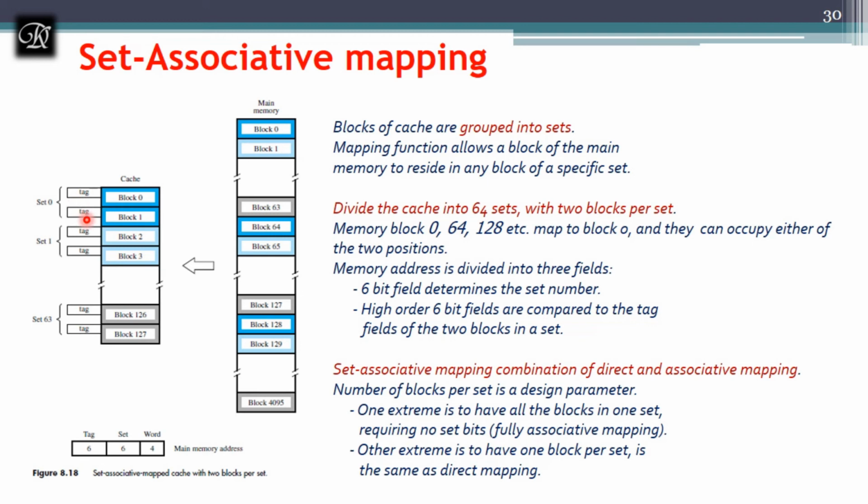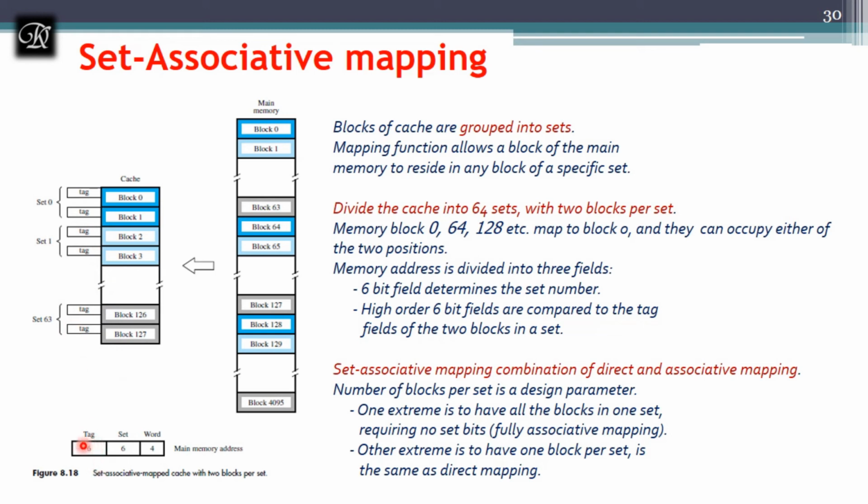Here a set is a collection of 2 blocks. Totally, how many blocks do we have in the cache? That is 128. If you group them by 2, then you have 64 sets. So 64 sets is 2 to the power of 6, so 6 bits are enough to address the 64 sets.